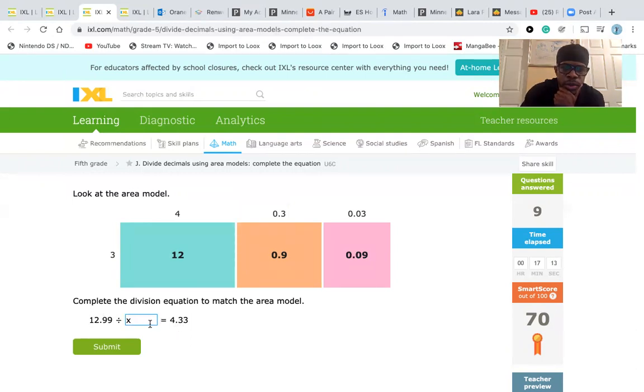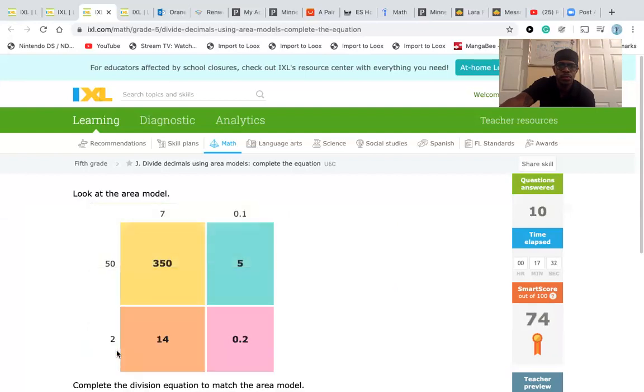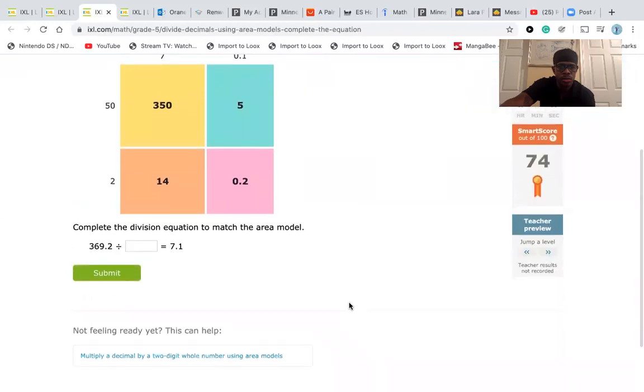So 4.33 times something is equal to 12.99. So according to this area model, we would need to multiply 4.33 times 3 to give us 12.99. Awesome. But yeah, I scroll down. Okay.